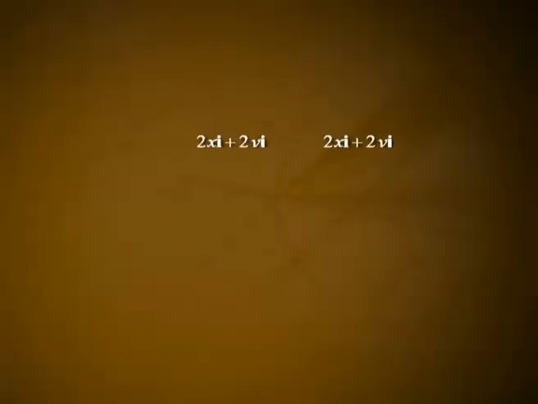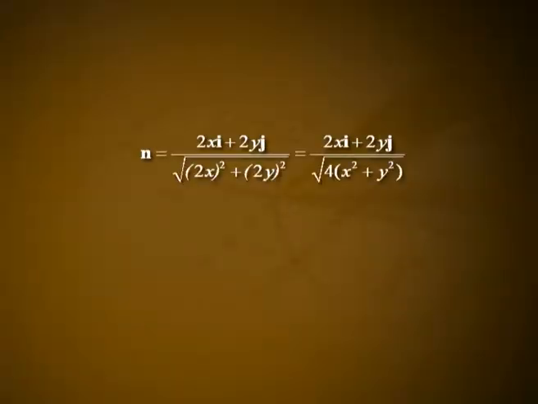Thus, the unit normal at any point (x,y,z) on S is given by n is equal to (2x i plus 2y j) by root of (2x)² plus (2y)², which is equal to (2x i plus 2y j) by root of 4(x² plus y²), which is equal to x by 2 i plus y by 2 j, since x² plus y² equal to 4.